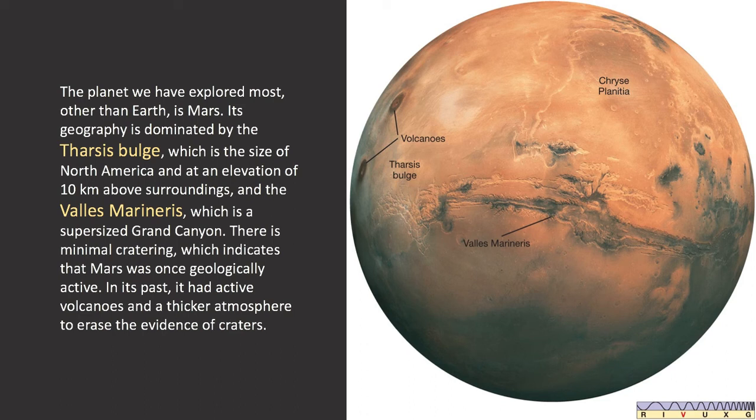And so on Mars, we have large canyons in the planet. This is the Valles Marineris. It's much larger than the Grand Canyon. It's almost a wound in the planet. And then there's this Tharsis Bulge, which is the size of North America and an elevation of 10 kilometers above the surroundings. So extremely tall mountainous range in this region.